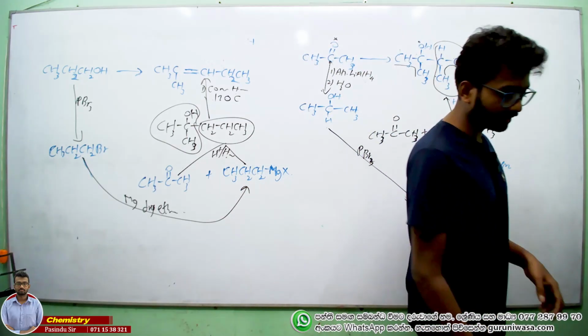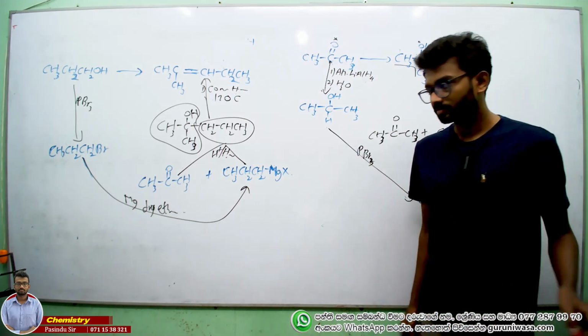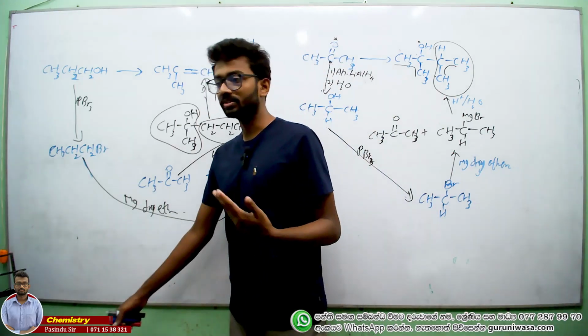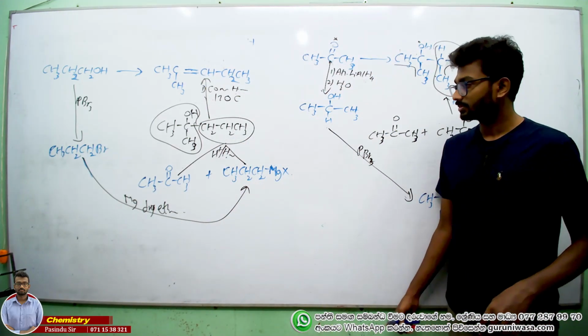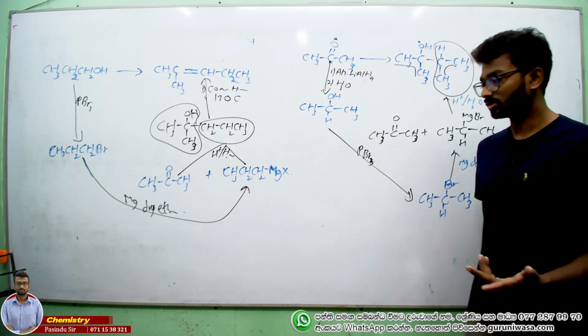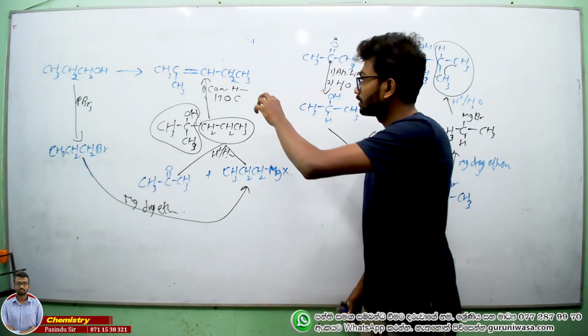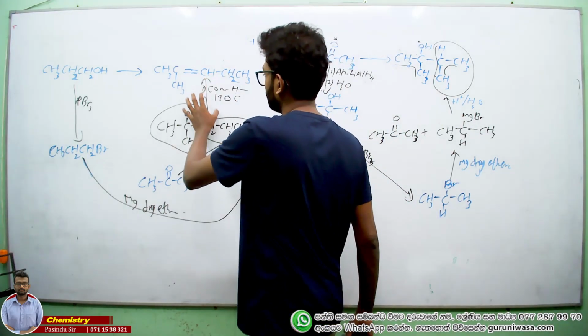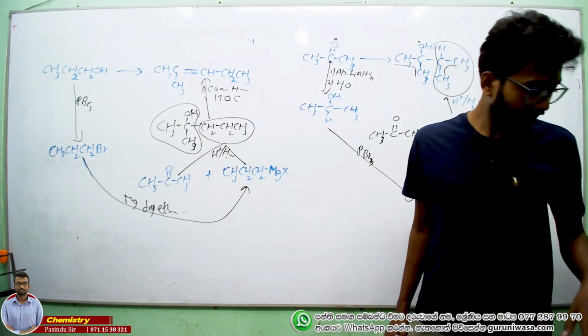Then again you can assume like this. There are two or three methods that can exist, right? The only condition is the shortest route. So we can do this conversion in a different way. Let me explain.